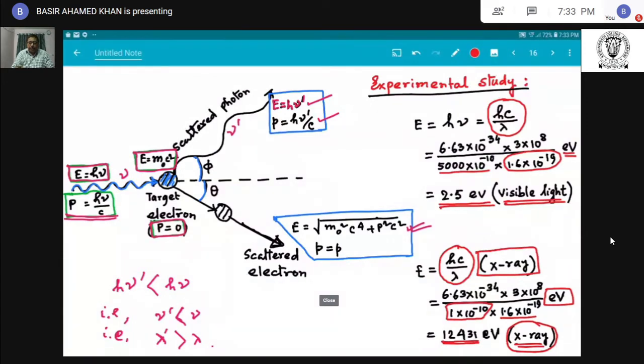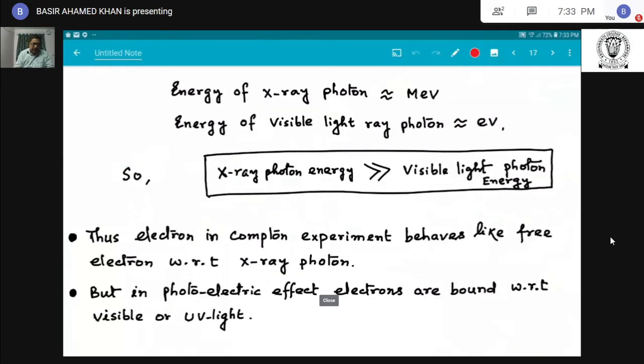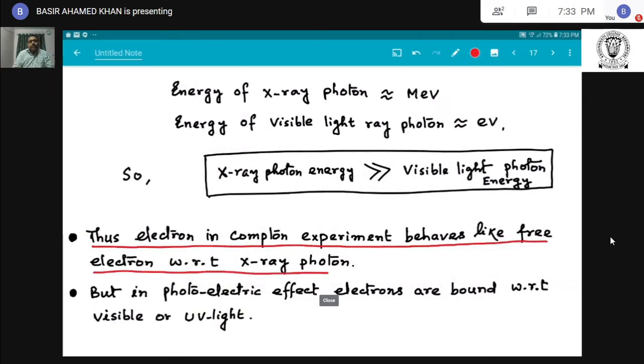Hence the electron in Compton experiment behaves like free electron with respect to X-ray photon. This is a very important thing.